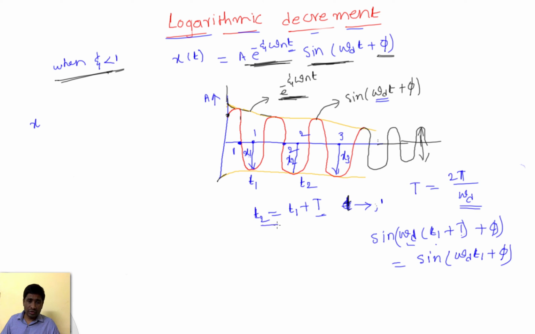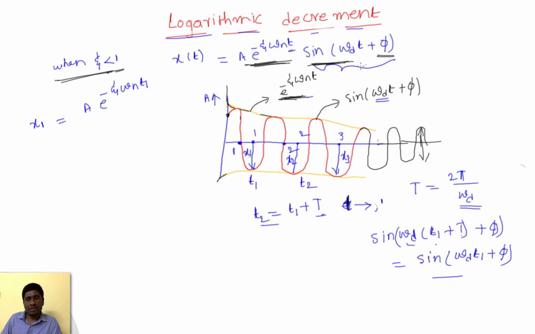So when I substitute t2 in the sine curve, it again gives the same value as when I substitute t1. In both cases the sine term is equal, but only this term is different. So x1, the amplitude of the curve at time t1, equals A e power minus zeta omega n t1 into sine.